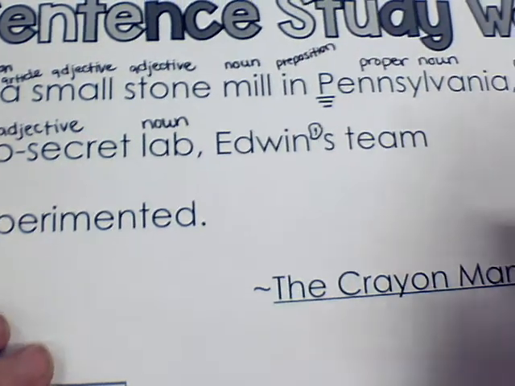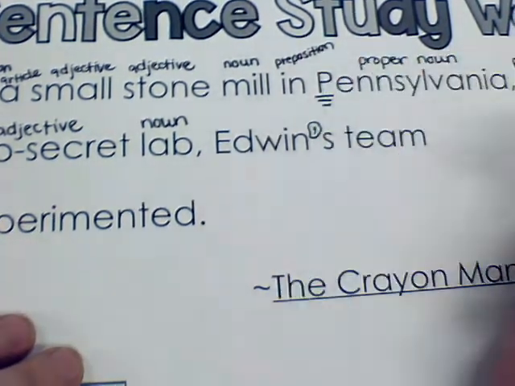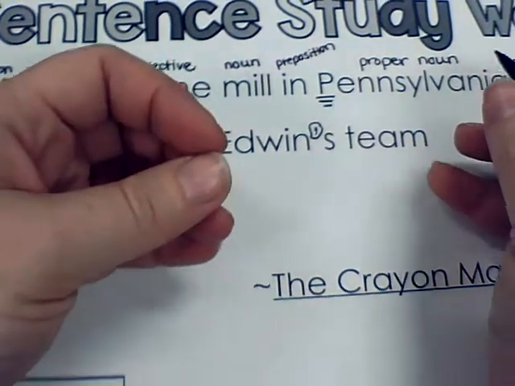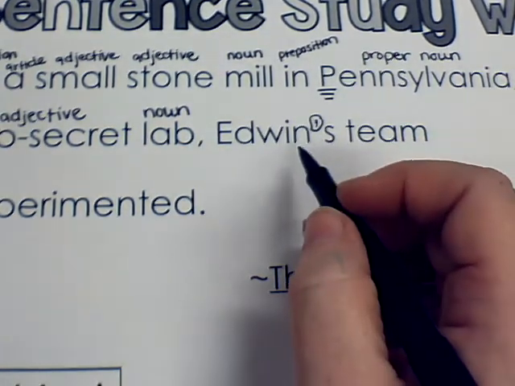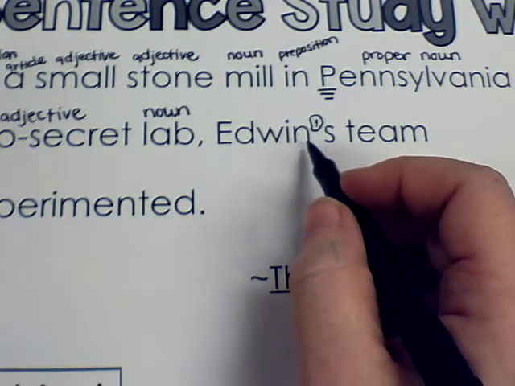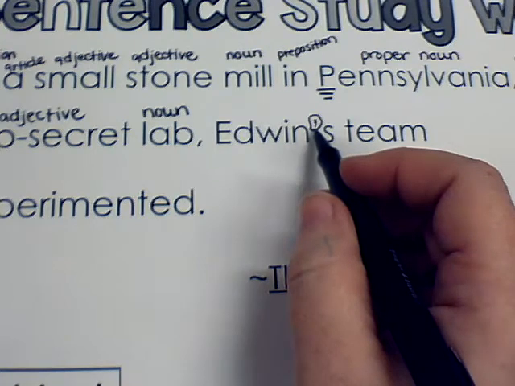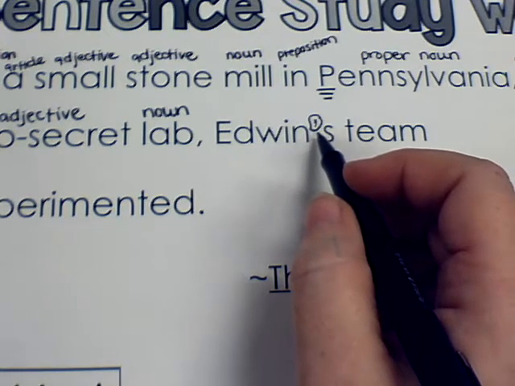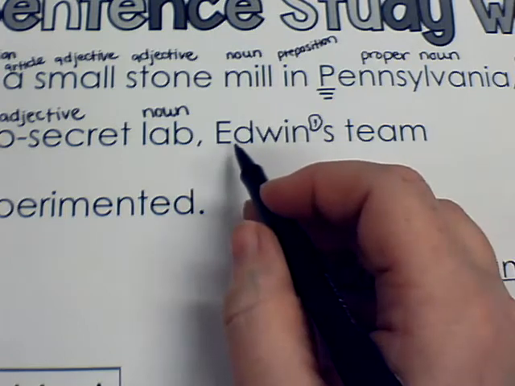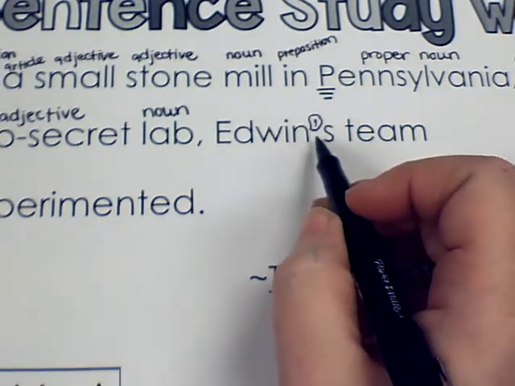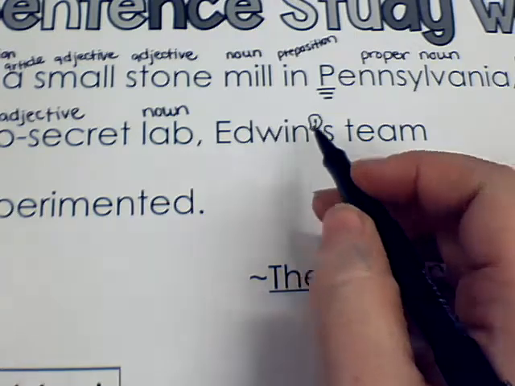An apostrophe either shows a contraction, which is combining 2 words together, like do and not for don't, or can and not for can't. But that's not the case here. It's showing something. If it's an apostrophe S, it's either going to be is, so Edwin is team, or it's going to show ownership. And this is showing ownership, and that's called possession.